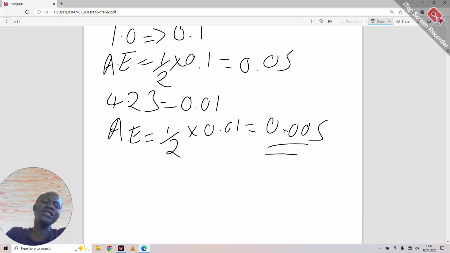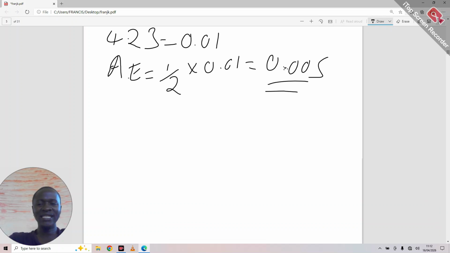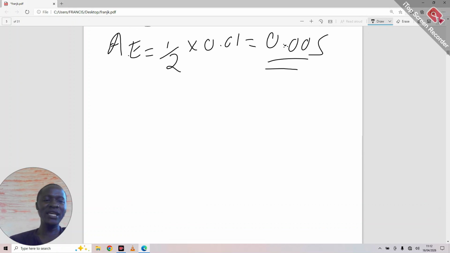If the examiner wants the minimum, then I'll have 4.23 subtract our absolute error, which is 0.005. But before we move on to that part, let us check part B. That is part A, how one can get absolute error. Now let's check part B.